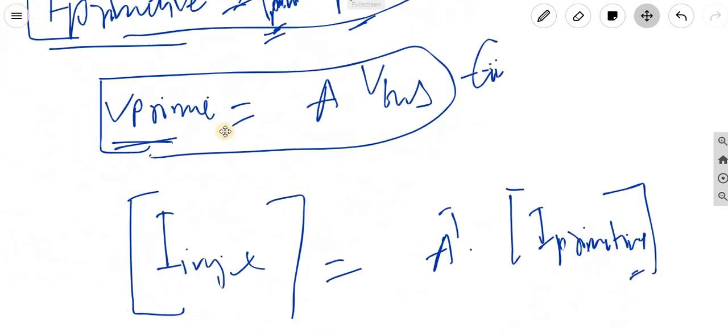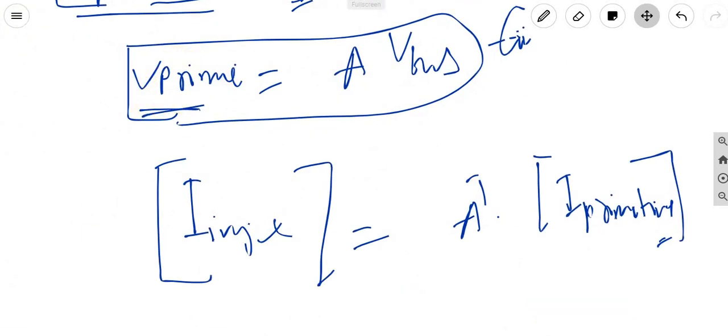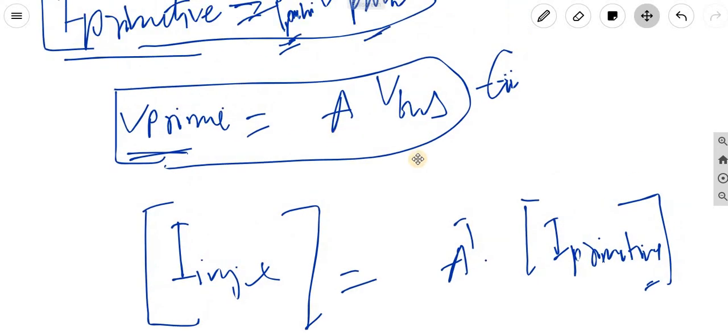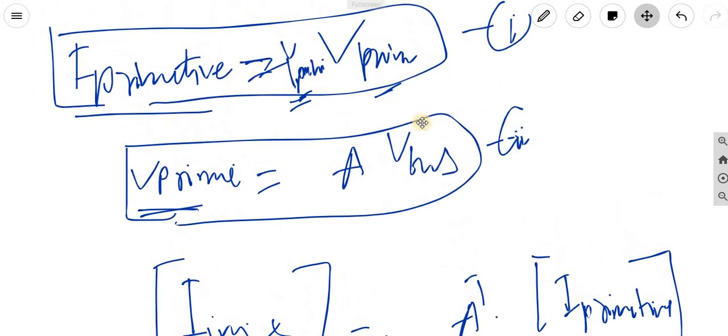Okay, and one more thing for the V primitive. What? For the Y primitive matrix, whatever the number of branches available to form the directed graph, that number of elements would be present in the matrix, in diagonal way, and the non-diagonal elements would be 0 for the simple case.